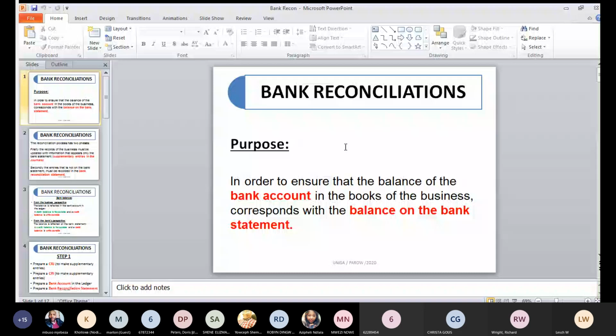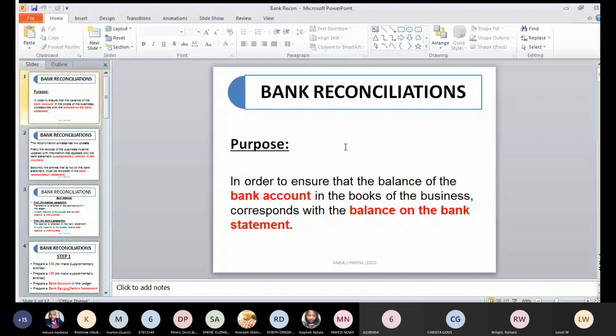So when we speak about bank reconciliations, it is actually a twofold process here. From the business point of view, we keep an accurate set of all our receipts and all our payments, which are recorded in the cash receipts journal and the cash payments journal and posted to the bank account in the ledger. So that will enable us to calculate the bank balance from the business point of view.